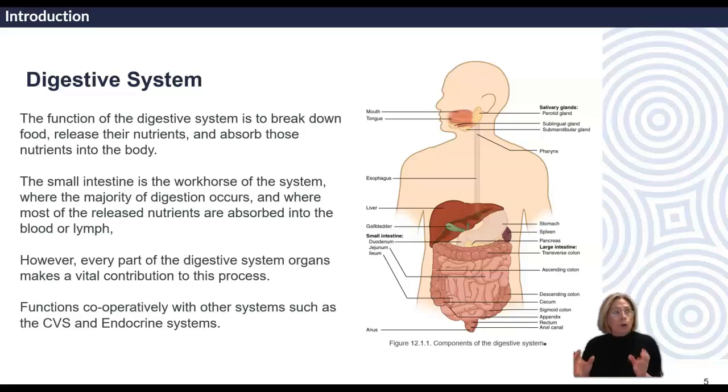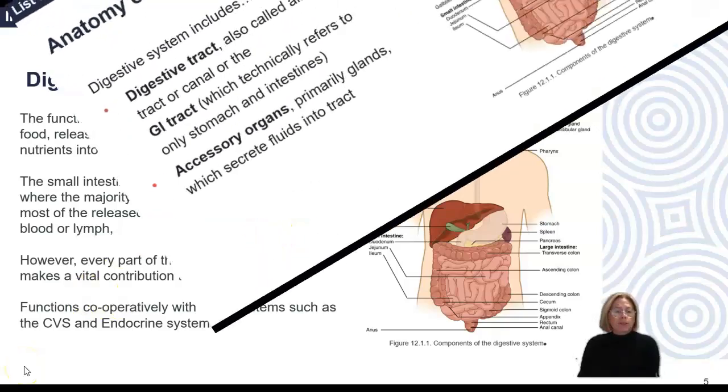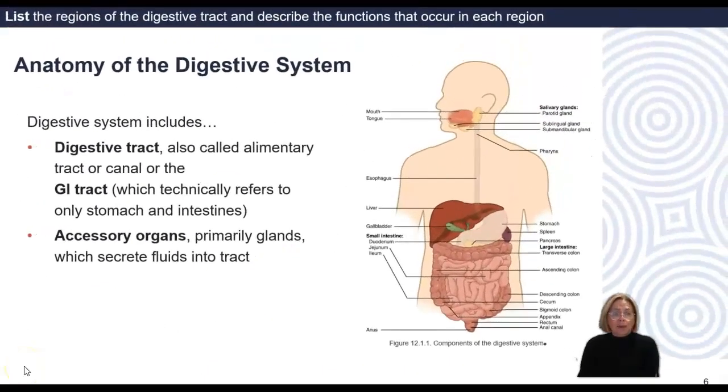There are many hormones produced by cells of the digestive system that are involved in the regulation of digestion, but also some hormones that we've studied before, such as insulin and glucagon. They're involved in the regulation of things like blood glucose levels, and obviously glucose is a product of the digestive process.